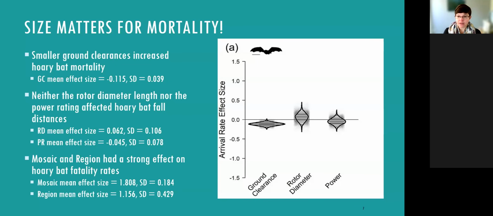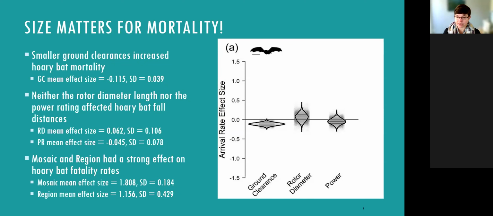As the blades are getting bigger, but the height is not necessarily increasing at the same time, the space between the lower blade tip clearance and the ground is generally decreasing with these larger turbines, and that's bad news for the bats.